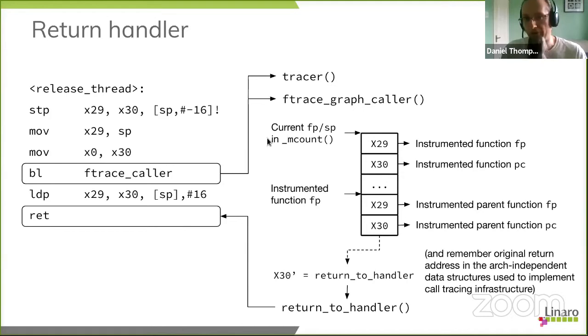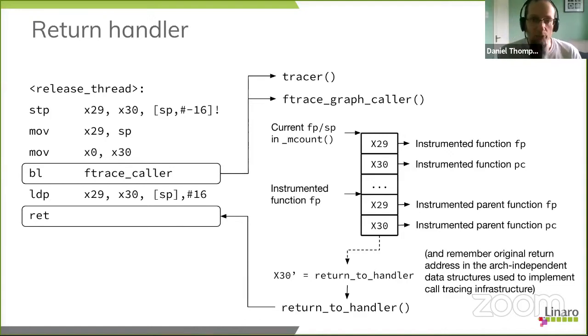When we call ftrace caller, the first thing we do is call into the actual tracer and arrange for the trace record to be stored. After that, however, we can make some manipulations to the stack with this ftrace graph caller that intercept the return.